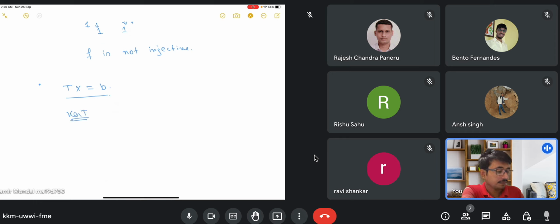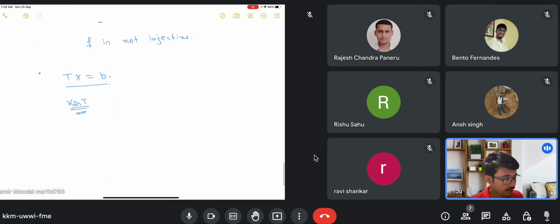If you know the kernel of T and a particular solution, you can tell the whole solution set of this system of equations. This is one application of the kernel of T, and why we define the kernel.